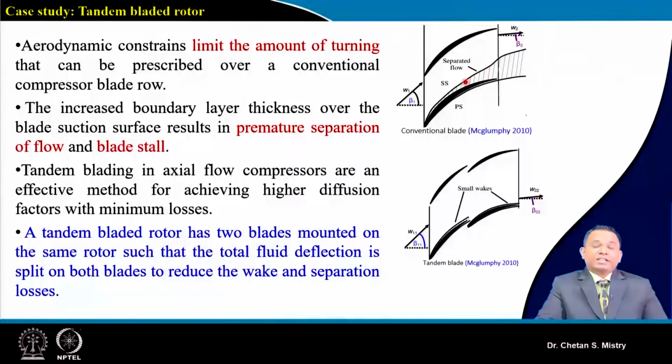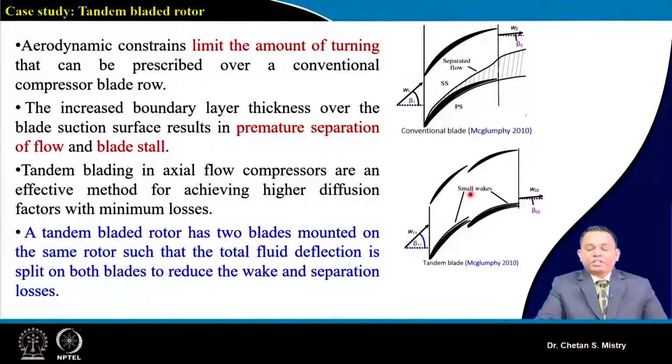When it separates from the suction surface, we can say that particular aerofoil or blade is stalled, and very soon the whole stage will go into surge, and later all compressor stages will go into surge. That is a very challenging aspect.